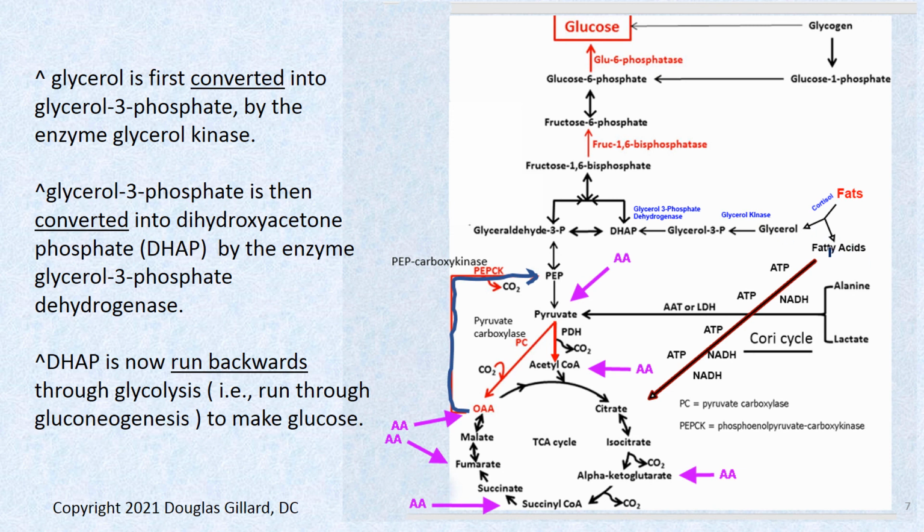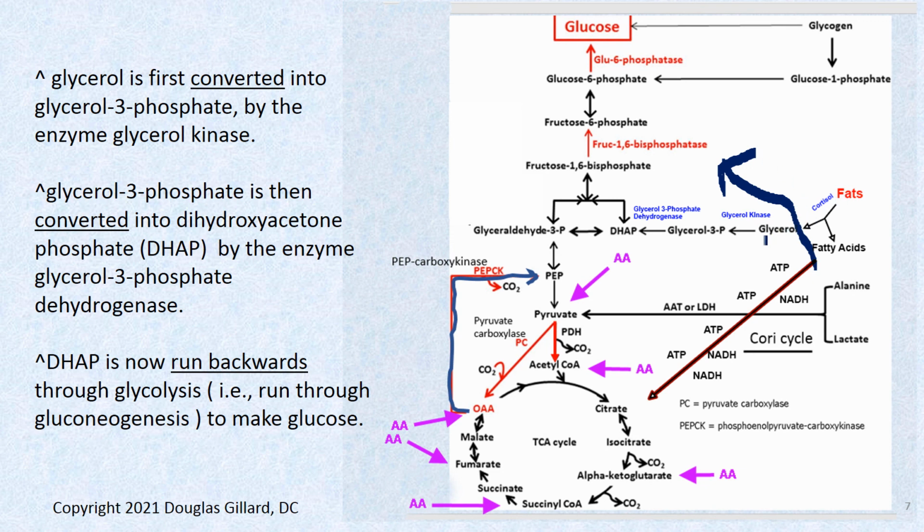Fatty acids are used to make tons of NADH, FADH. I didn't put that in here, but ultimately it's made, and this arrow is actually wrong, right? It should be used, well, it's just used everywhere in this whole process, but it could also be used up in here. It's used to run this whole process backwards. So that's where it comes from.